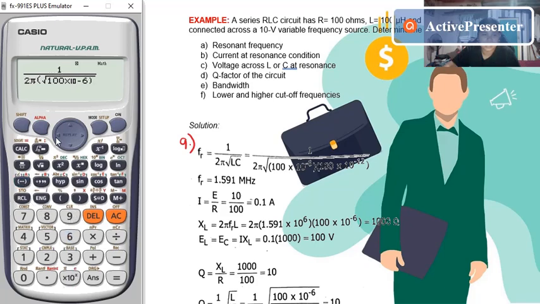Take note, we need to close or open parentheses properly. Multiply by C, the capacitance, 100 pF. P is 10 to the negative 12.